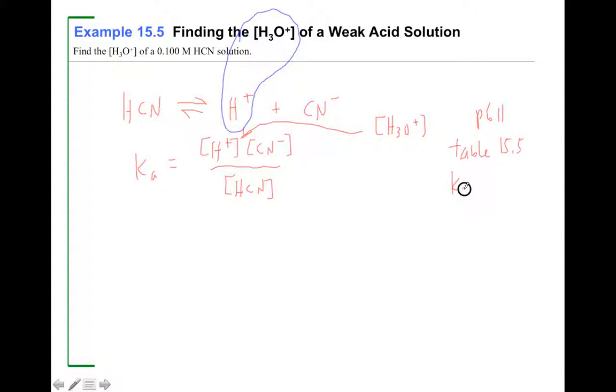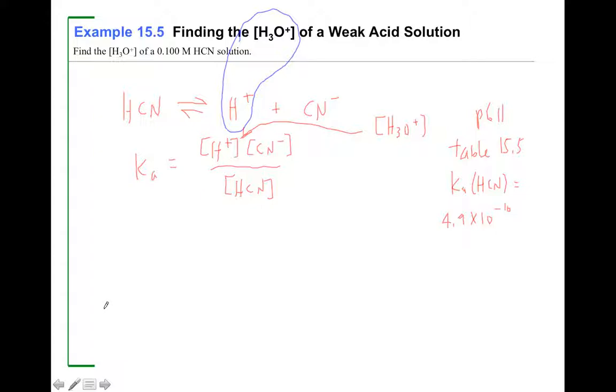It says the Ka of HCN is equal to 4.9 times 10 to the negative 10.